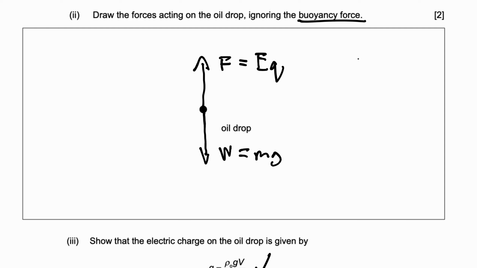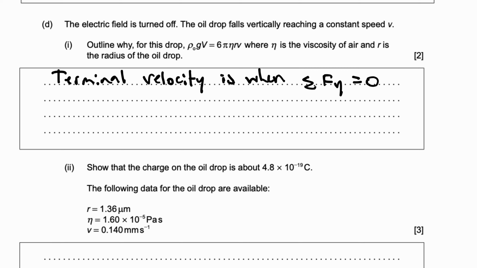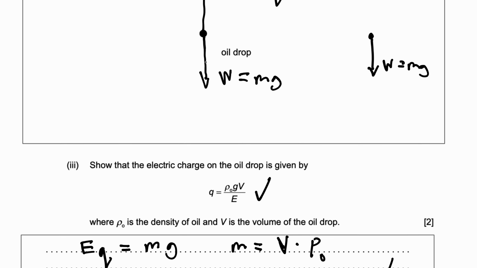So for case 2, I have an oil drop, I have a weight, and I must have an opposing force, because what is terminal velocity? Terminal velocity refers to the state when the summation of vertical forces is equal to 0, and because I no longer have an electric force, there still must be some force to balance out this weight.